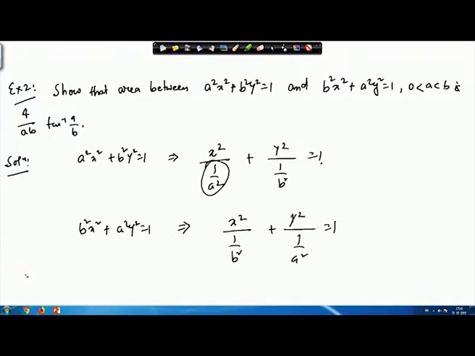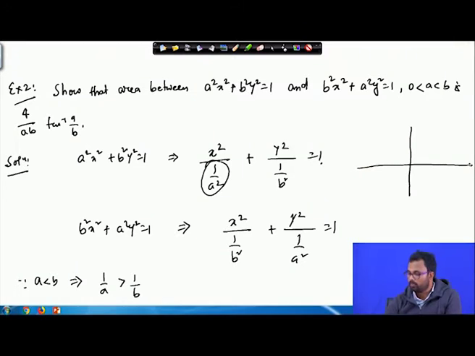Now we note that a is less than b. So since a is less than b, it implies that 1/a is greater than 1/b. So in that case, we are ready to draw our area bounded between these two curves. So this is our x-axis, this is our y-axis, that's the origin. If 1/a is greater than 1/b, then this will act as the length of the semi-major axis, and this will act as the semi-minor axis.